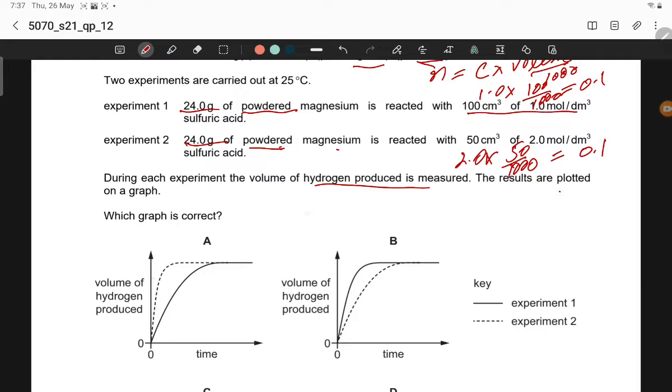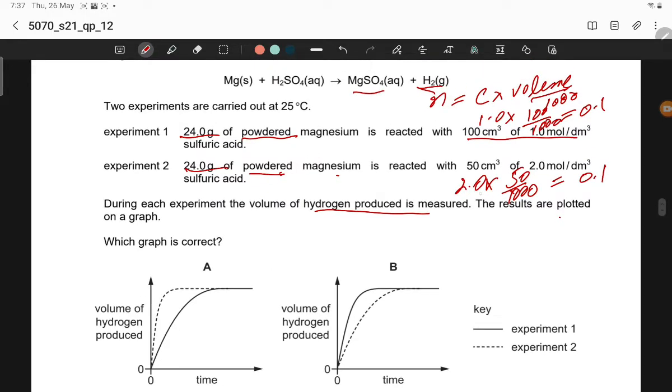Same moles of hydrogen gas are produced in both experiments, but experiment 2 is fastest because concentration is increased. So experiment 2 is steeper. This is experiment 2 and this is 1. This is the steepest, but the same moles of gas are produced. So this option is correct.